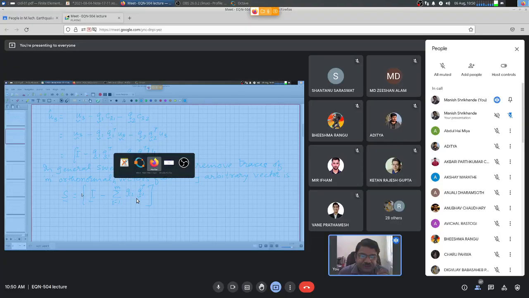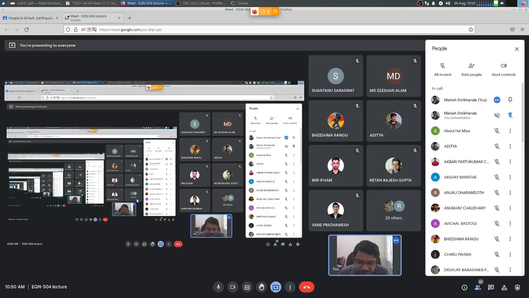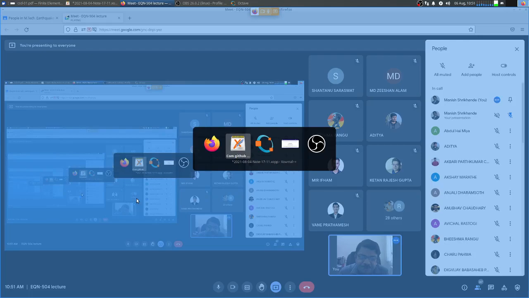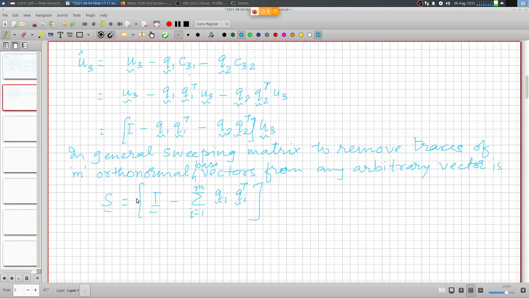So any questions? So this is in essence what Gram-Schmidt orthogonalization is. Of course, if you do not normalize the vectors after orthogonalization, then there is a denominator in each of these terms which will take care of the length.